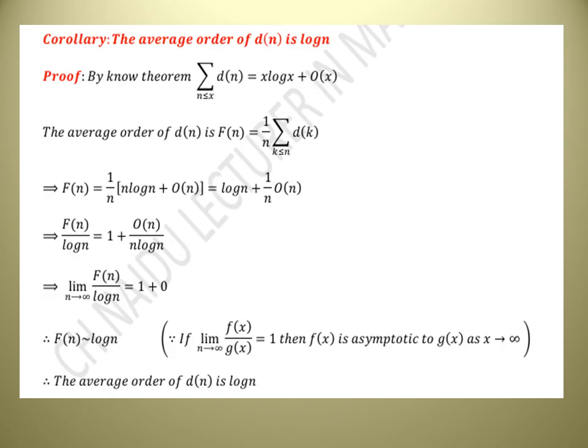Because if the limit of f of x by g of x is equal to 1, then we say that f of x is asymptotic to g of x as x tends to infinity. That's why we write here f of n is asymptotically equal to log n, or simply f of n is asymptotic to log n. Therefore, the average order of d of n is log n.